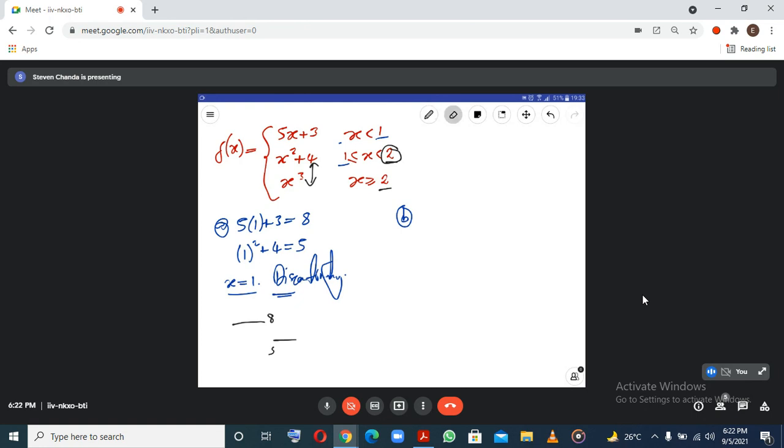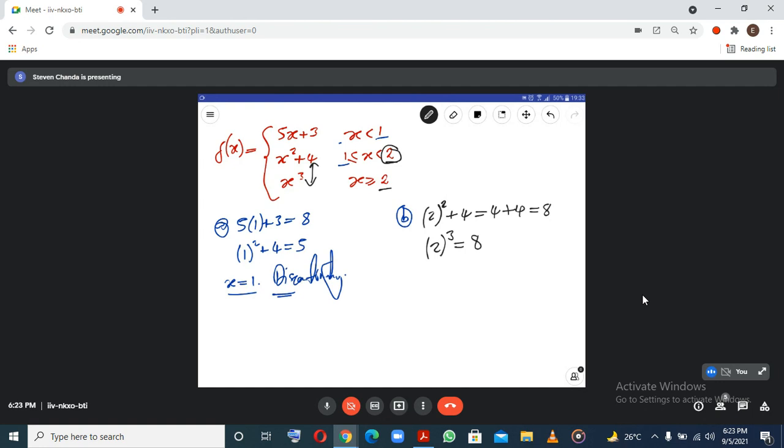Now let's assess the second point. We do the same: plug in 2 in the second equation. You are going to have 4 plus 4, that's 8. Then for the third equation, that's also 8.